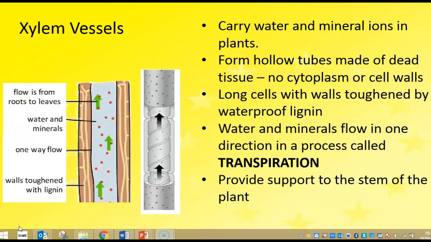Of course, it's going to go upwards, and dissolved in that water, we're going to also have some mineral ions. Now, these are tough cells, or dead cells, and so they do also provide support for the stem of the plant and help to keep that stem upright.